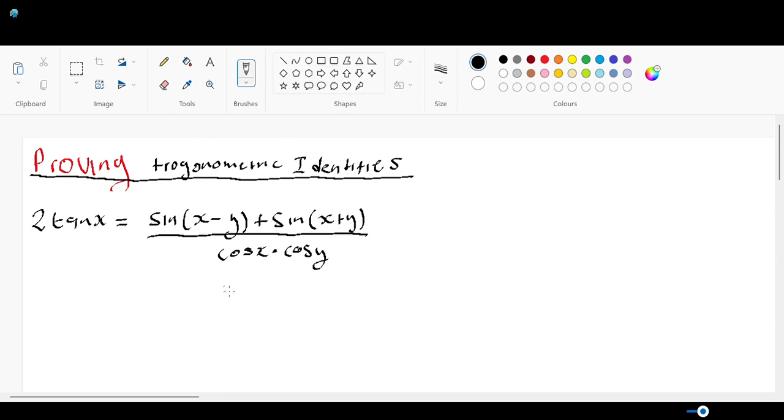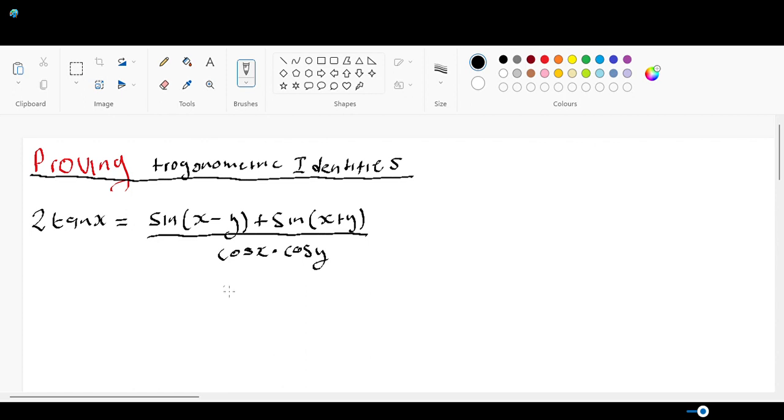Alright, so before we start, remember the first thing that you must do when you prove the identities, always select the side which is more complicated between the two. So the one that is more complicated is the side on the right.